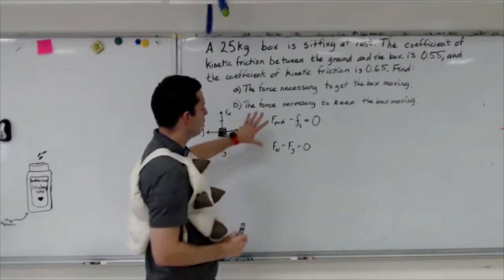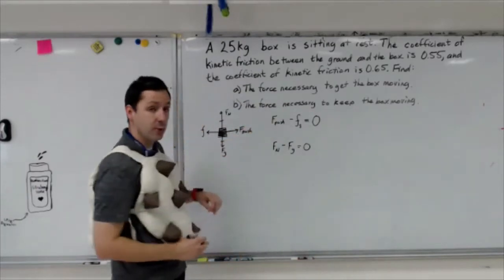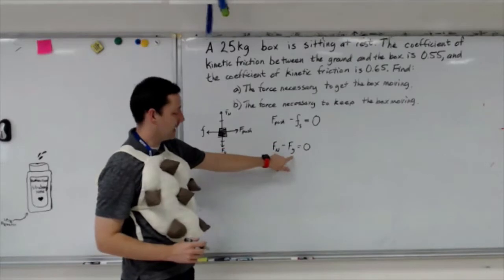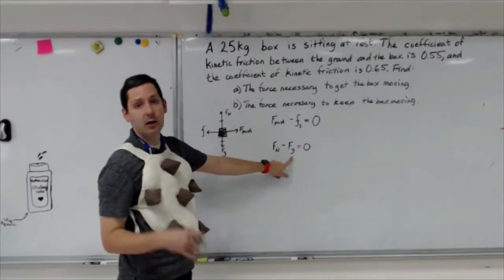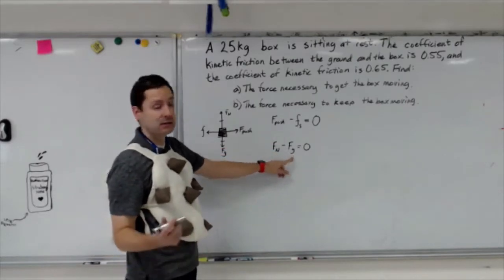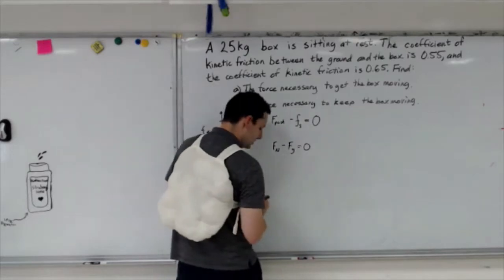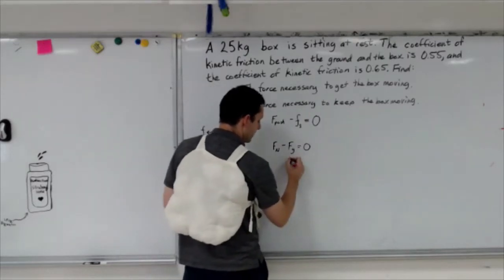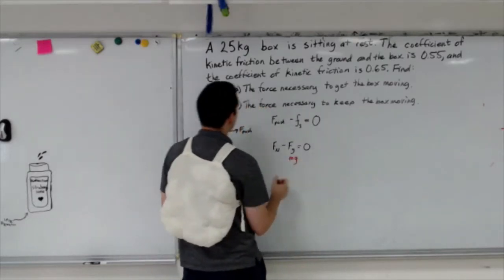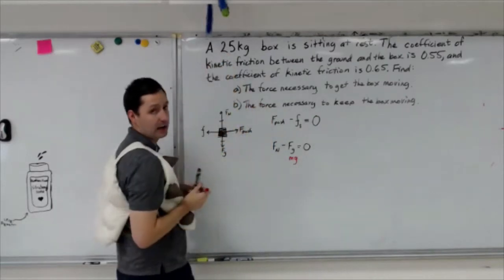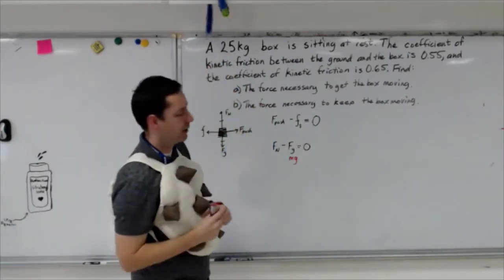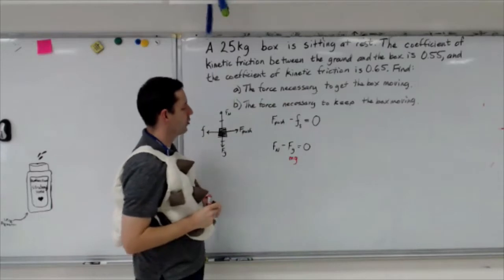So we've got our two equations there. Now we recognize that I can get the force of gravity, because if I have the mass, the force of gravity is just mg. I have the mass up here and I know that g is 9.8 on the surface of the earth, so I could solve for the normal force.